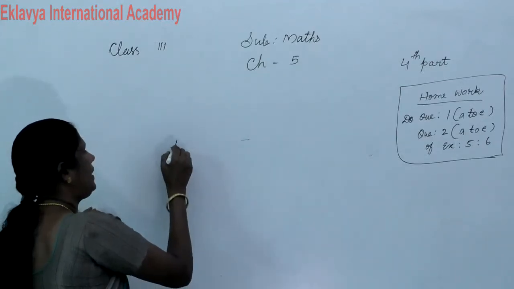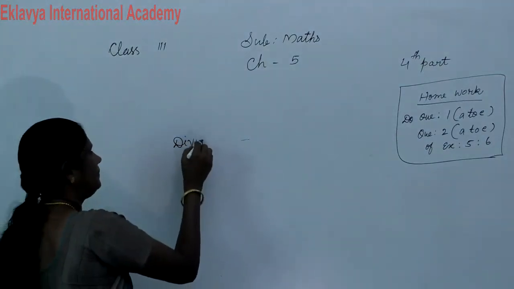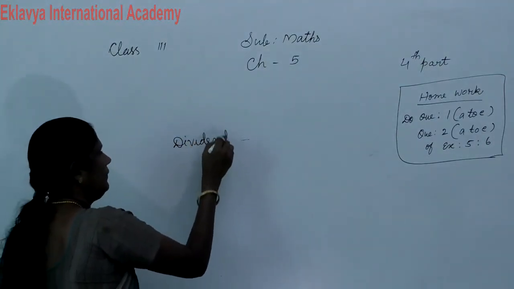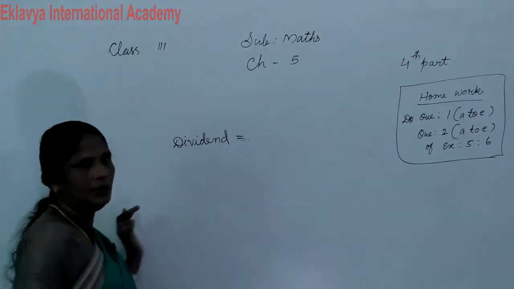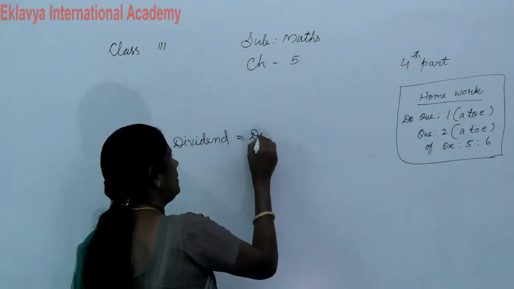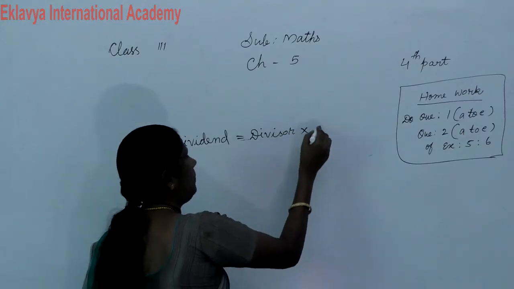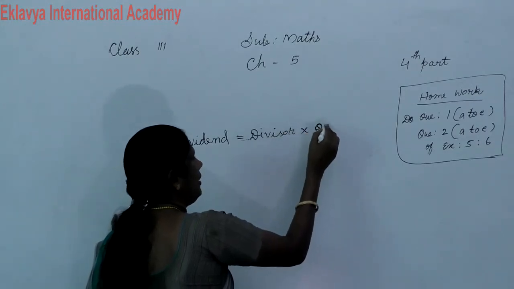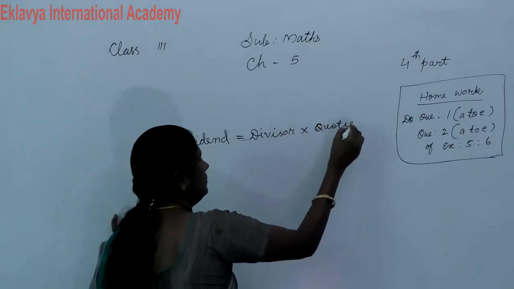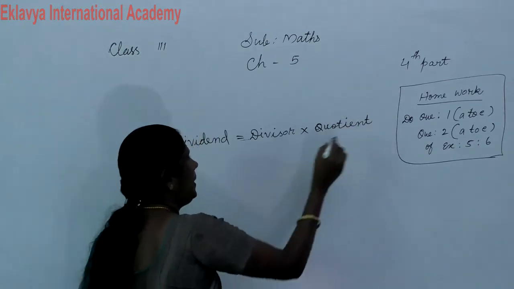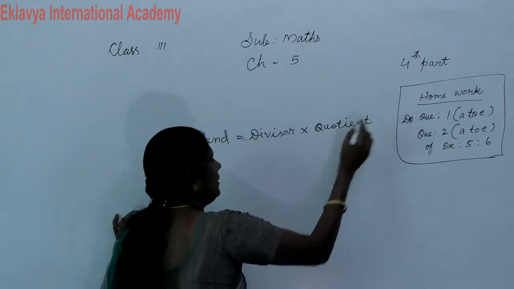First, dividend is equal to divisor multiply quotient plus remainder.